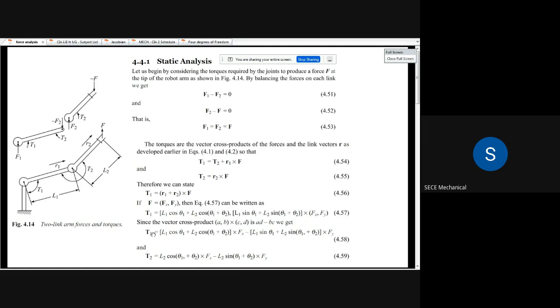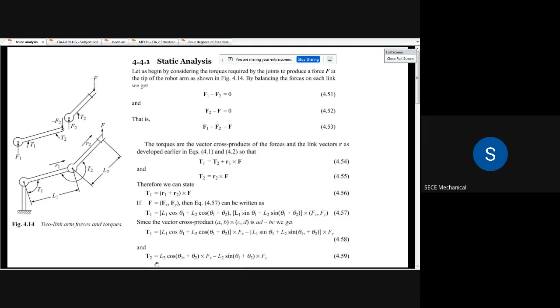T1. And similarly T2 is nothing but the R2 consideration. So L2 cos theta 1 plus theta 2 into Fx minus L2 sin theta 1 plus theta 2. Why? Since L1 cos theta 1 was considered for link 1, while considering torque 2 we only need to consider link 2.